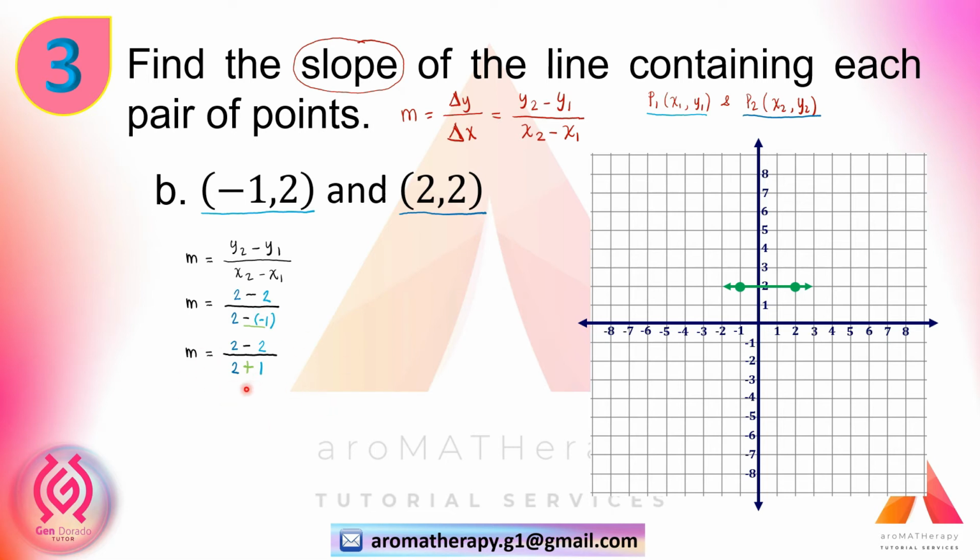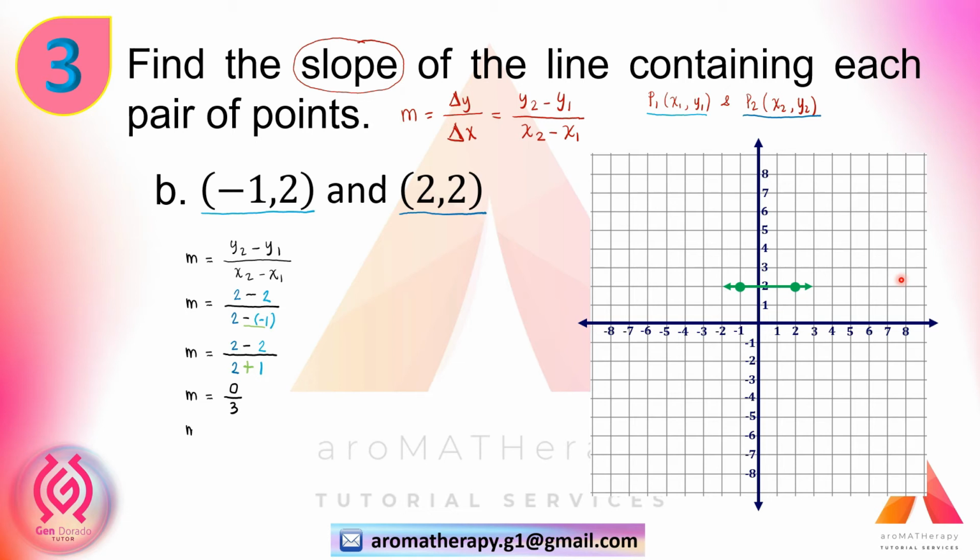Okay, can you follow? Ayan na, na-simplify na natin yung sa denominator. So, let's solve this. M is equal to, what is 2 minus 2? 0. Over 3. Okay, can you follow?